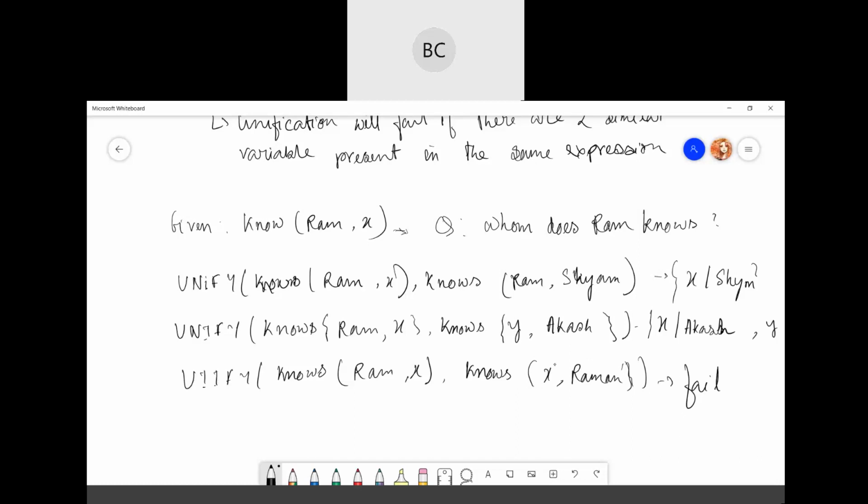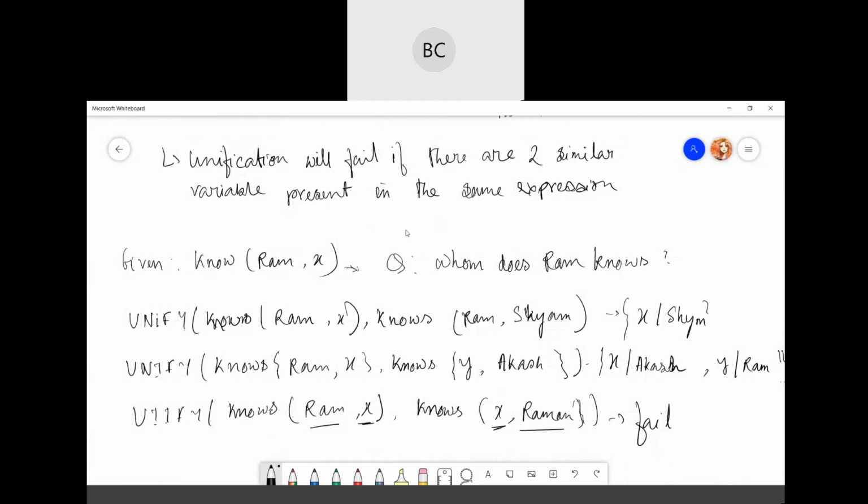Because we have used the same variable for two persons. We have used X for Raman and also X for Ram. Therefore, it will fail. Unification will be successful only when you use different variables for different predicates. In this case, it will not be successful because we use the same variable for both Ram and Raman.